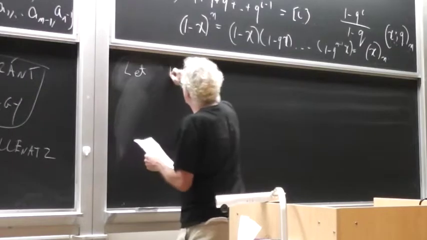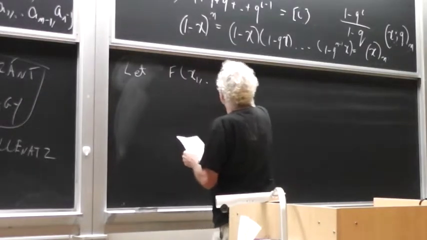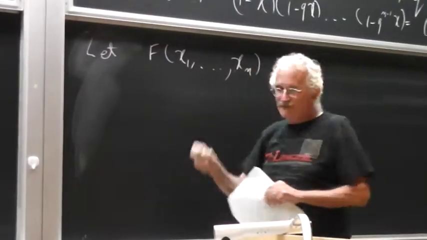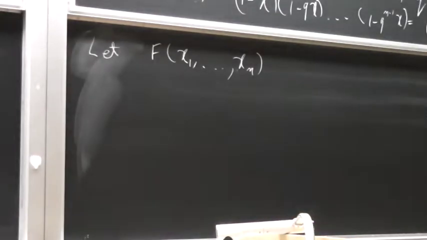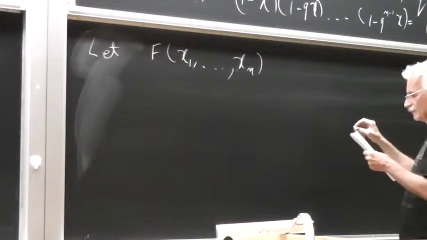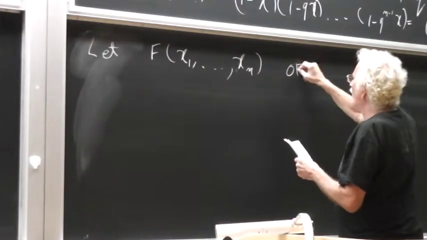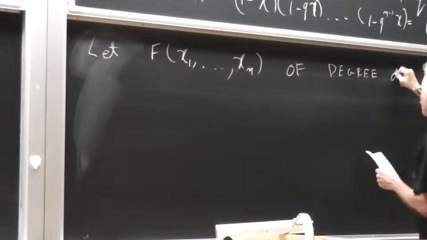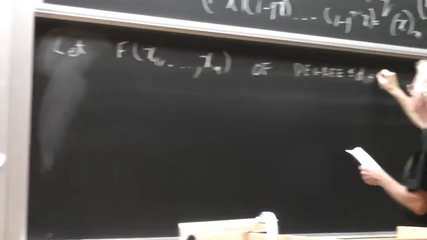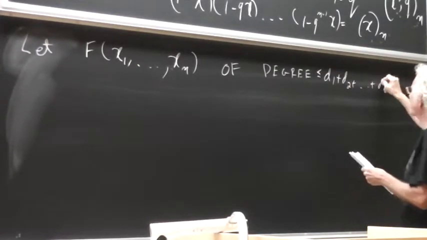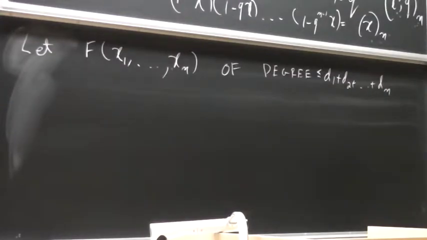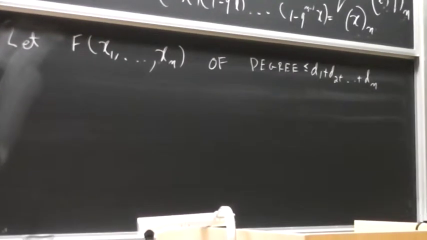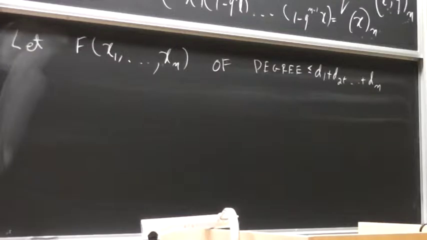It's about simple polynomials in many variables. So let f of x1 to xn be any polynomial of degree smaller or equal to d1 plus d2 plus ... plus dn, where d1, d2, ..., dn are non-negative integers.